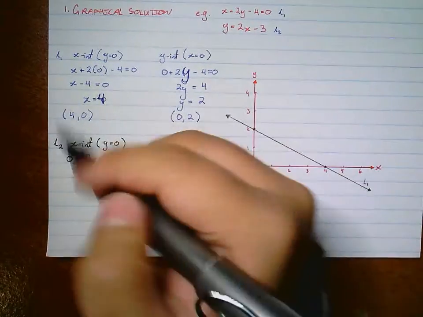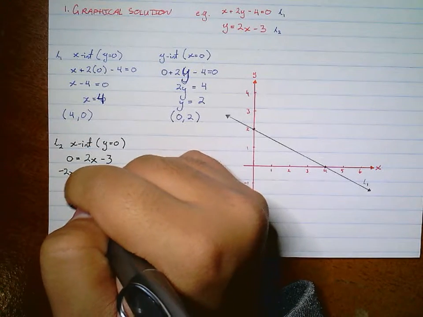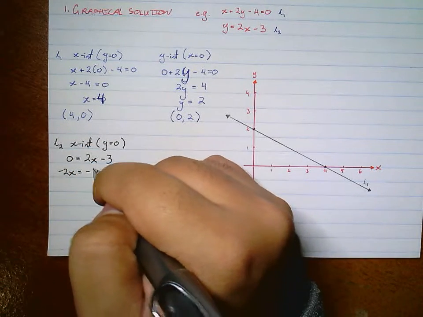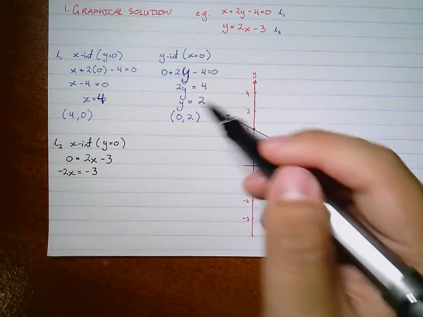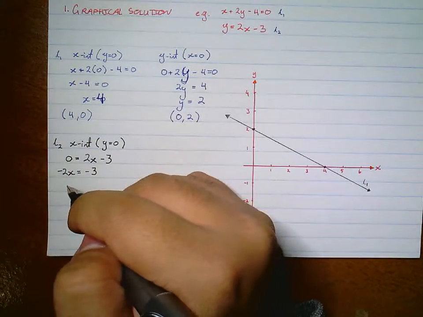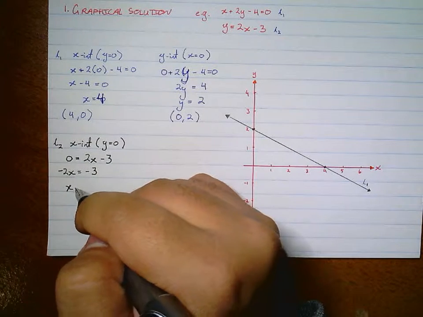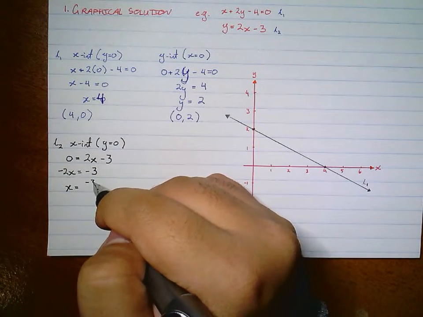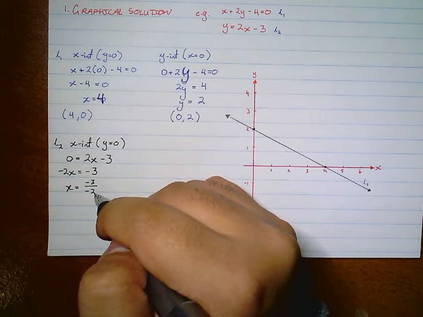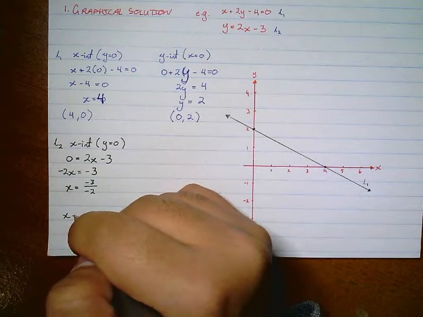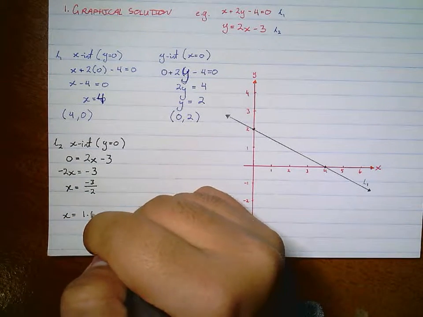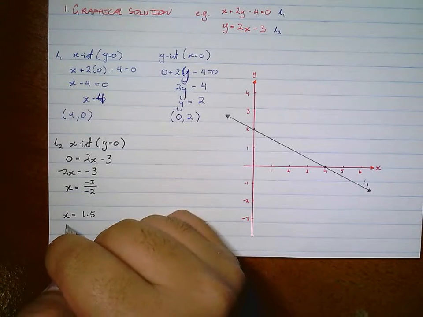Solving for x, we get negative 2x is equal to negative 3, moving the 2x over. And then we're going to divide both by negative 2. So x equals negative 3 divided by negative 2. That gives me a positive 1.5.